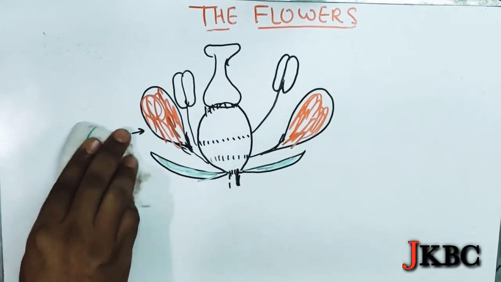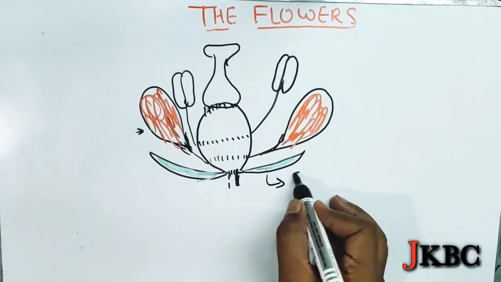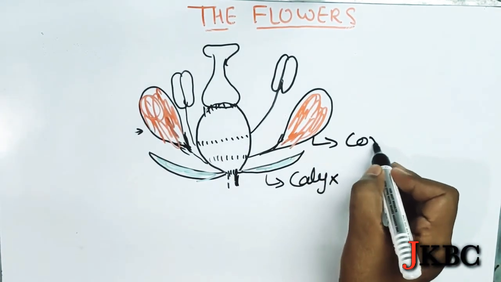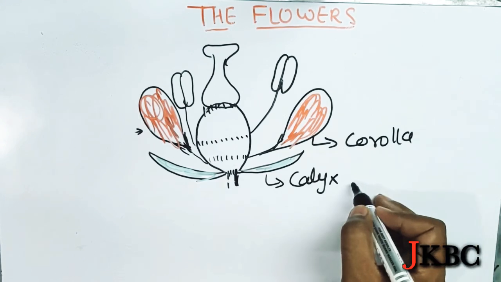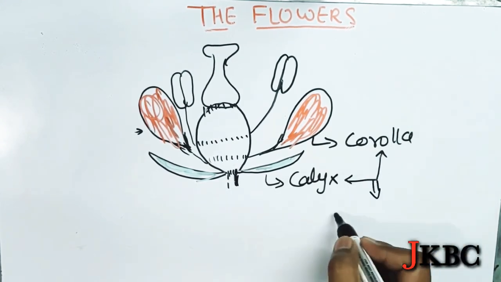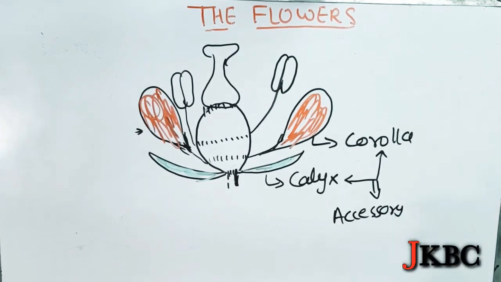The first one is the calyx, and the second is the corolla. These both are accessory parts of the flower.